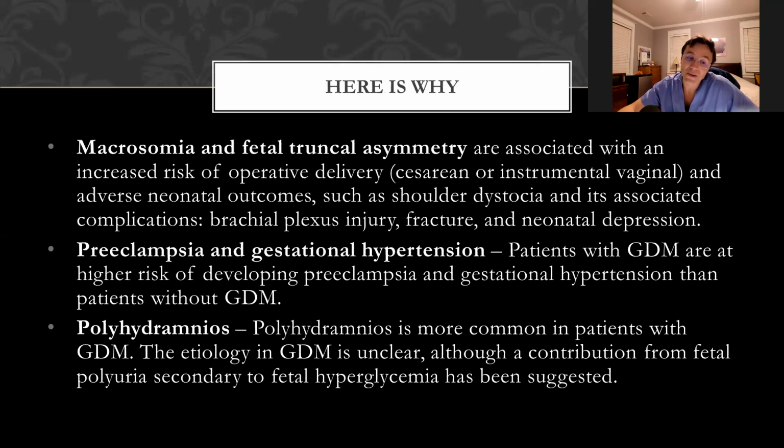sometimes we have to elect to perform operative delivery. Either it is cesarean, right, or instrumental vaginal delivery, taking a poor baby with a big forceps, because we don't want that, because there are difficulties passing through a vaginal canal for a big baby.